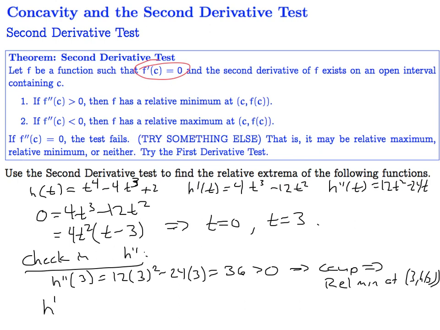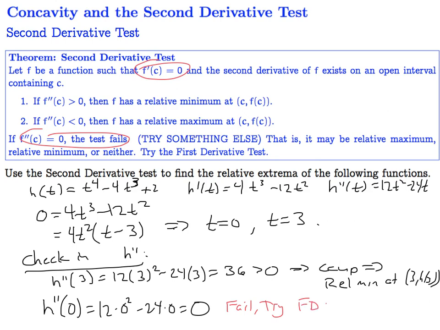Now I need to figure out what happens when I put 0 into my second derivative, and this isn't looking very good, because I get 0. So here the test failed, and I need to try something else. I need to go back and try the first derivative test to see if I'm increasing on one side and decreasing on the other, or try to figure out something else that happens here.